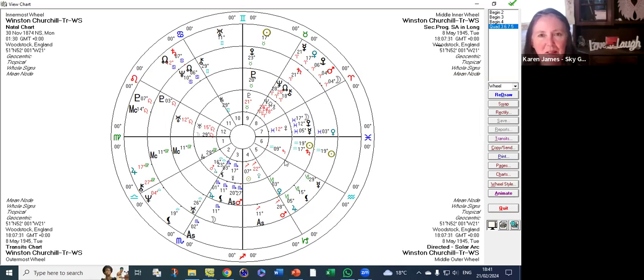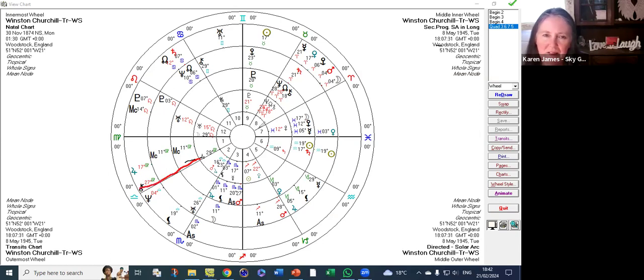Let me get my drawing pens out again. Annotate. Okay, so there is our ascendant. I'm going to do that in red, with a thicker line. So here's my ascendant line coming out here.